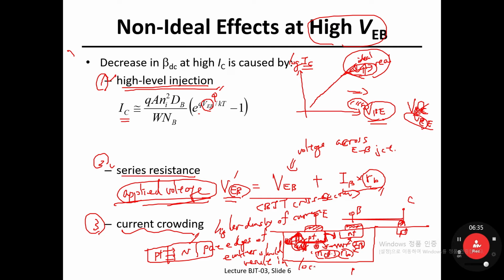Yeah, very localized heating, and this would induce increased resistance. So this current crowding is a unique non-ideal effect which cannot be found in a single PN diode.